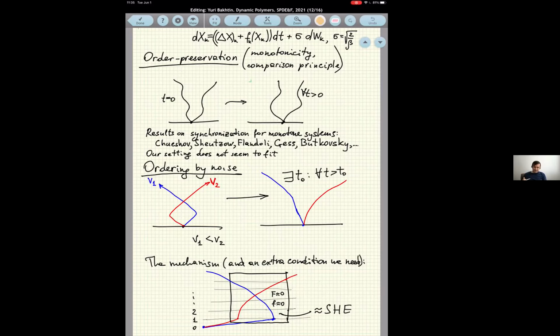So if you have that, then we show that you can control your initial conditions into an area where the external potential is low, and then for a while the system essentially solves the stochastic heat equation, and that helps this monotonization.